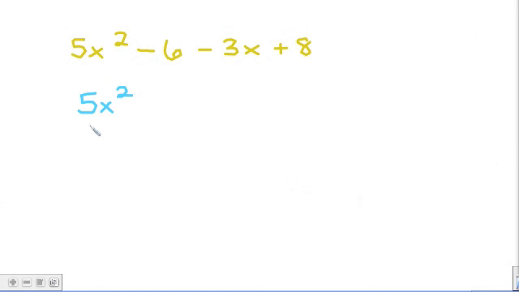And he's the largest value up here, so he goes first. Do I have another number without a variable or an exponent? Yes, I do. So I can combine these two. Negative 6 plus 8. Negative 6 plus 8 is going to give me 2.